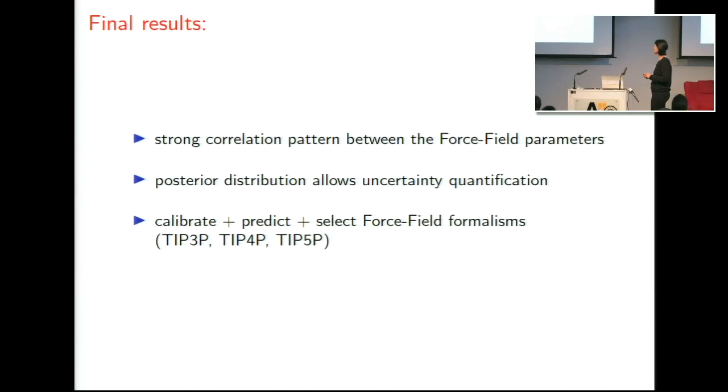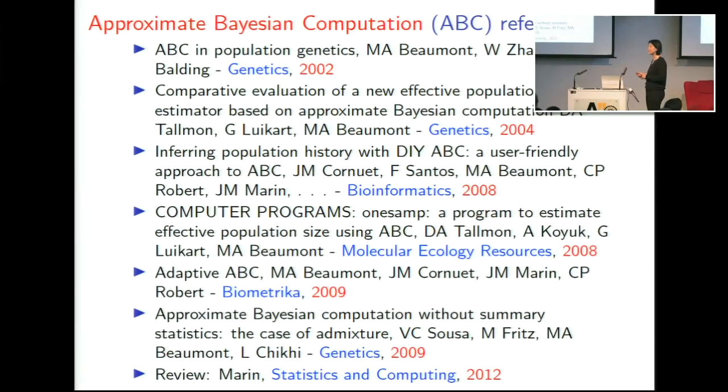And we can also do model selection, so we can decide, with the framework that I will highlight, which is the best force field formalism to describe the data that we have. So we can also do, in statistical terms, model selection, which in this setting amounts to selecting the best force field. So how do we obtain these inferential results despite not having a likelihood in closed form, because we move away from the Gaussianity assumption?